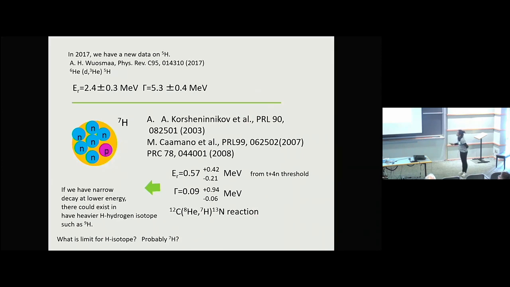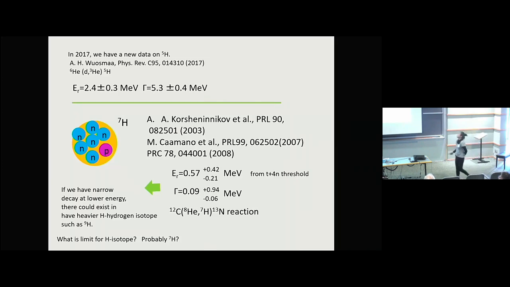Almost 20 years ago, we also had observed data of hydrogen 7. According to this experimental data, they reported the energy is almost 0.5 MeV with respect to the triton plus 4n breakup threshold, and the gamma is very narrow.